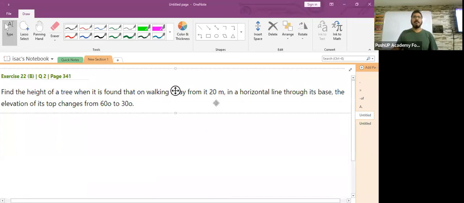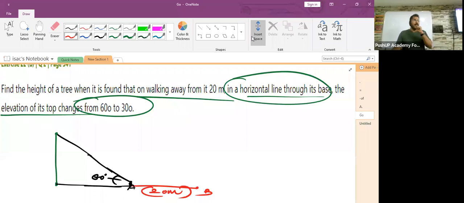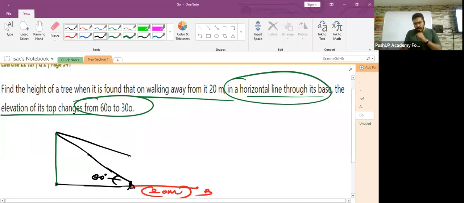I have asked you to draw the figure, right? Did I ask you to discuss and draw? No. After reaching point B, this man again looked at the top of the tree.